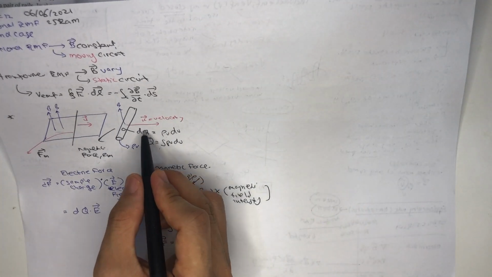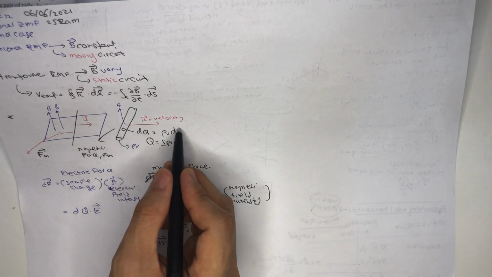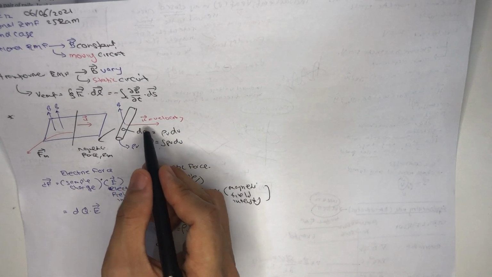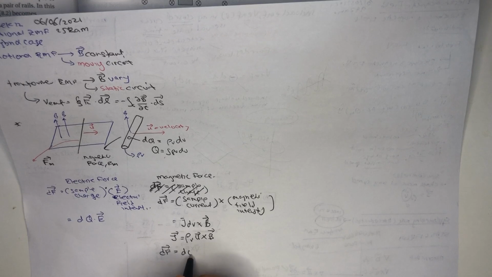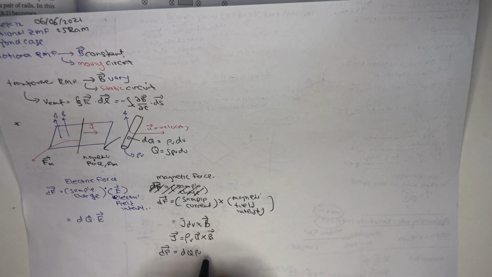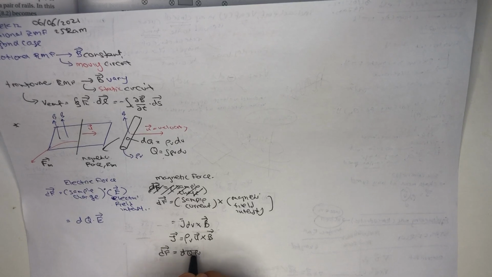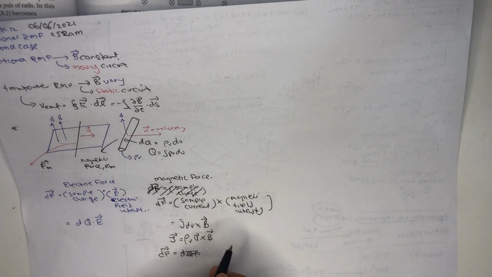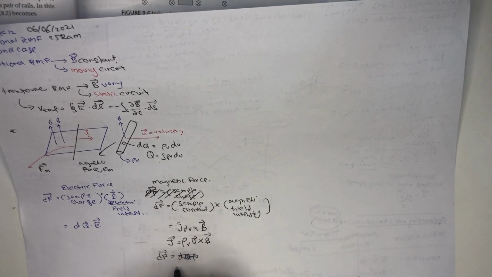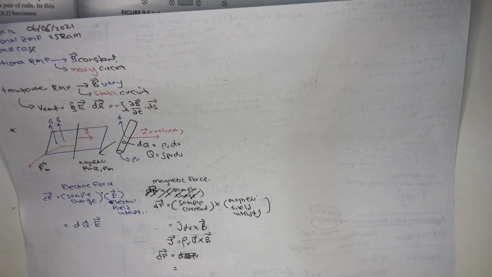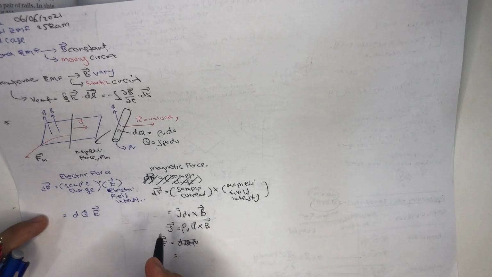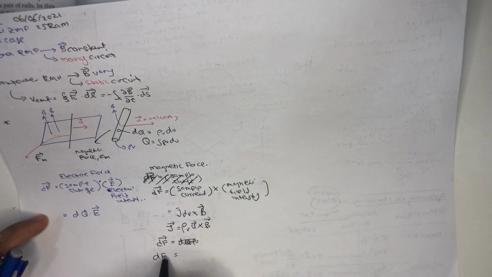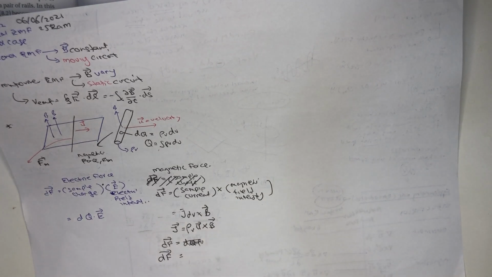If you see, sorry, this here is rho V dV, so it can be your dq. Sorry, it is a bit wrong. dF.